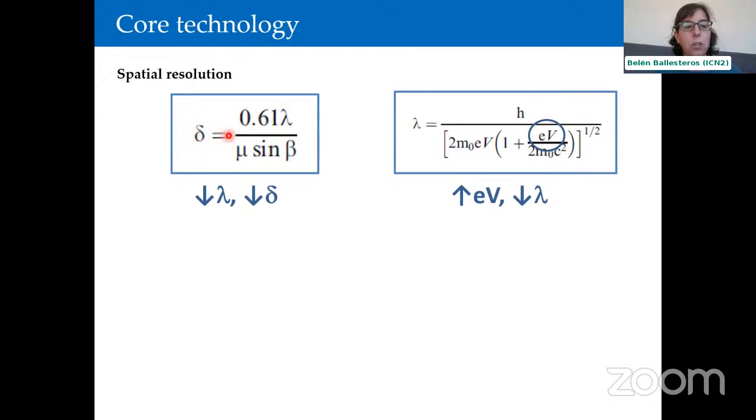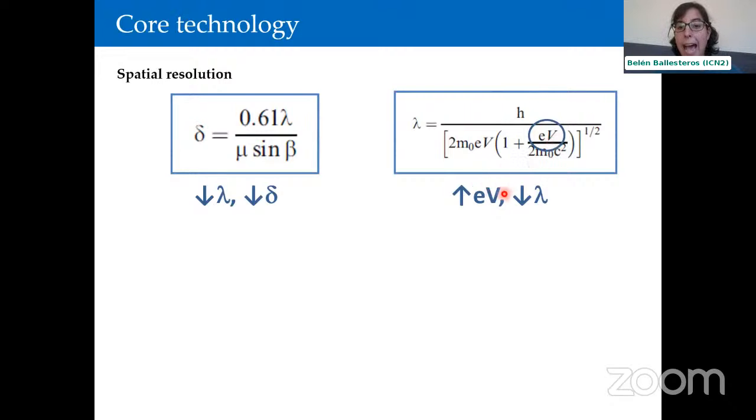We get the relation of the wavelength with the resolution, which is the same as what I was showing before: the smaller the wavelength, the smaller the value of the resolution, and this means it's better. And on the other hand, this is the relation of the wavelength with the voltage that the electrons are accelerated to.